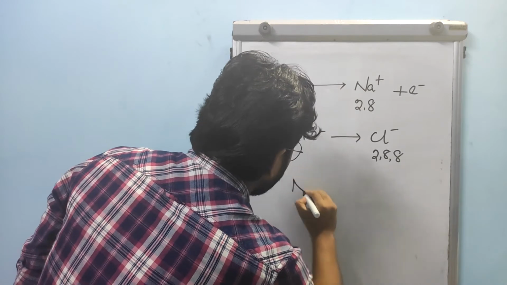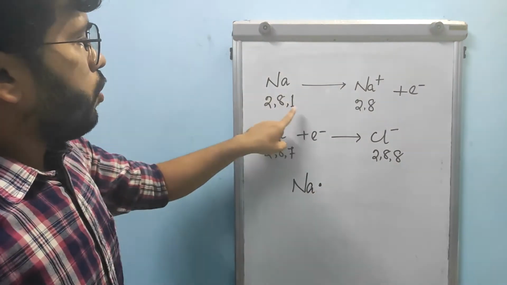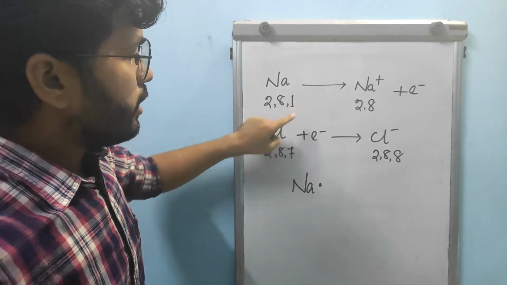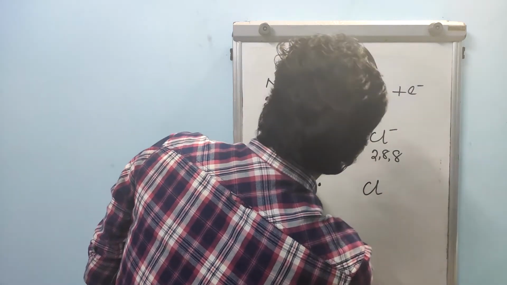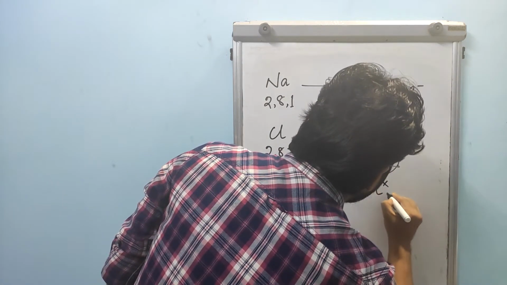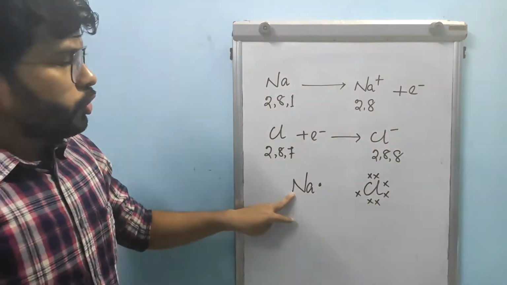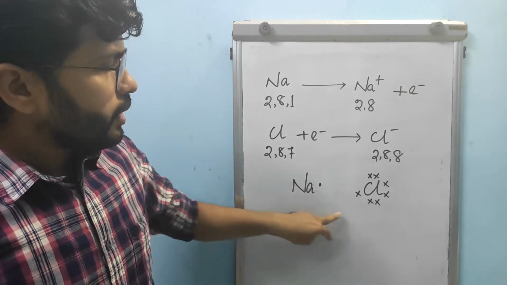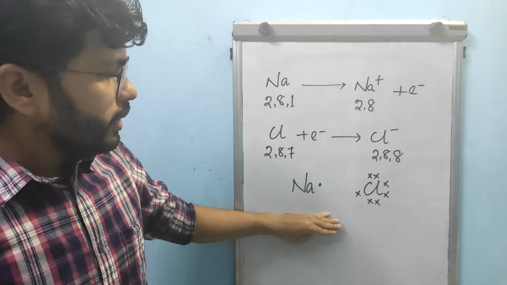It's simple, Na with 1 dot, because it contains only one electron in its valence shell. Similarly for chlorine, with configuration 2, 8, 7, we will have 7 crosses, and we represent the dot structure in this manner. This is for sodium, this is for chlorine. The valence shell electrons we are representing.